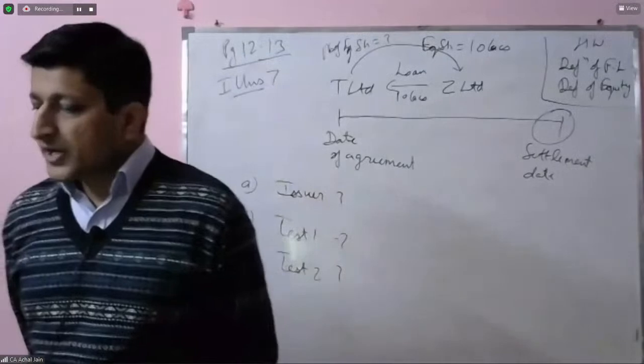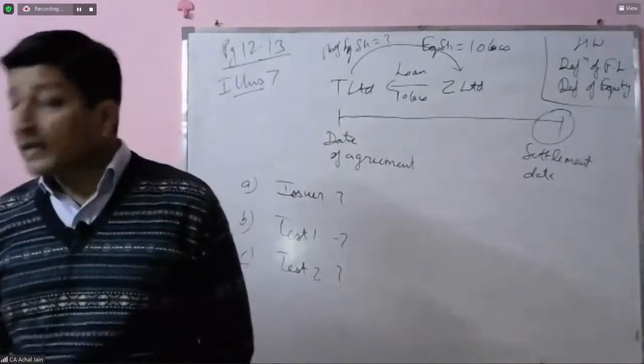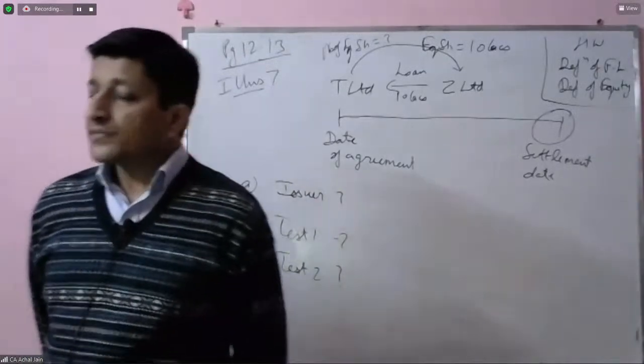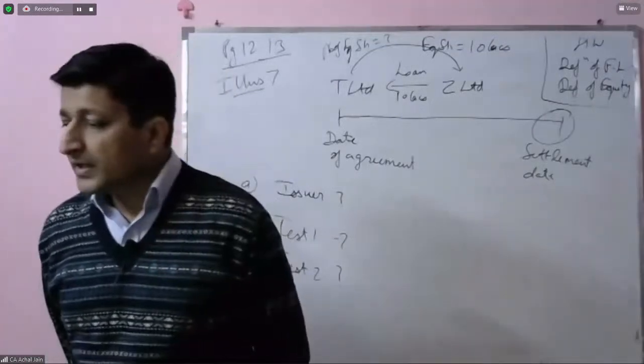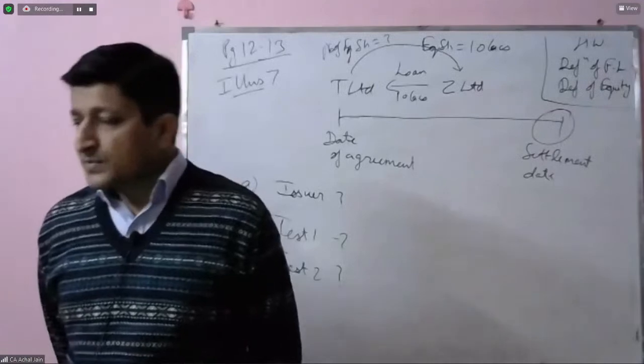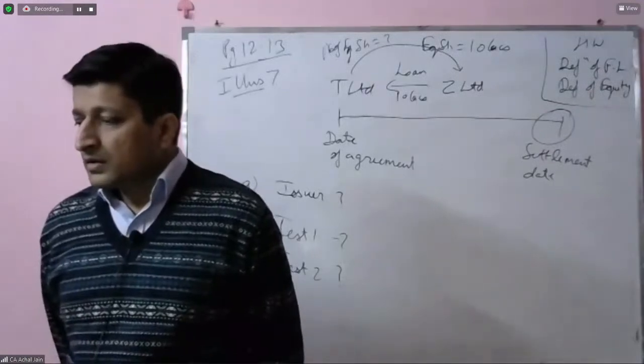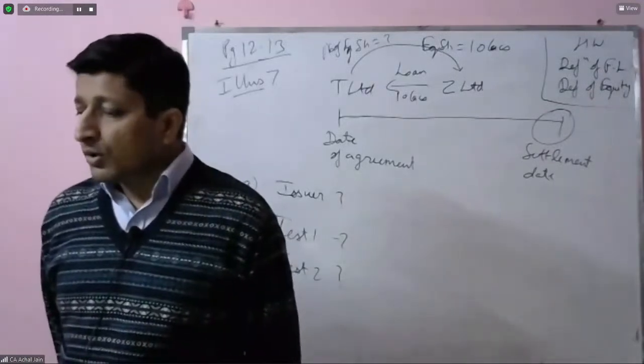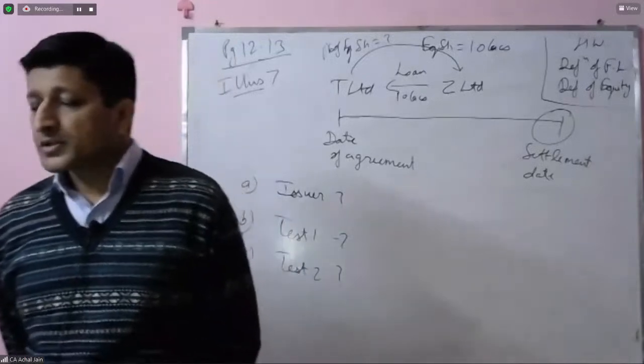Okay, Chella has shared his understanding. He says that what I understood was if an instrument is a financial liability in the issuer's view, it is AMC, amortized cost, or fair value through OCI from the holder's point of view.